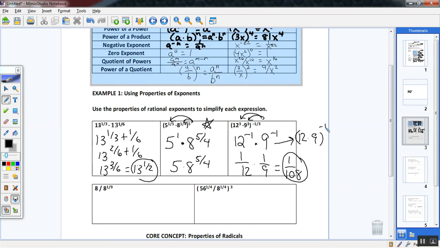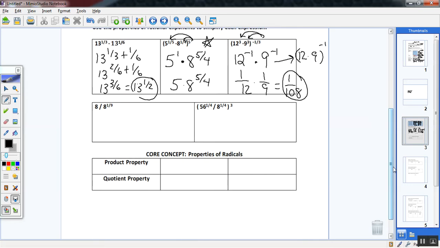Okay, let's finish these last two and we'll call it good for today, all right? Next one, pretty simple. This is really 8 divided by 8 to the 1/9. So I have like bases there. And since we have a quotient of like bases, what are you going to do with the exponents?